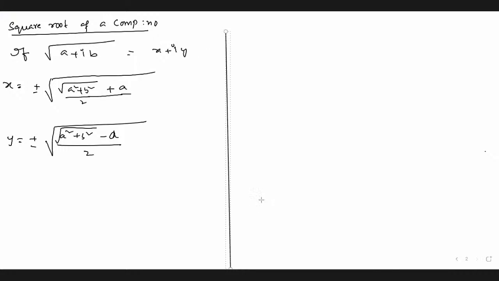Suppose the square root of a minus ib is equal to x minus iy. Instead of x, you are going to get the same, but instead of that plus, you are going to get minus here.